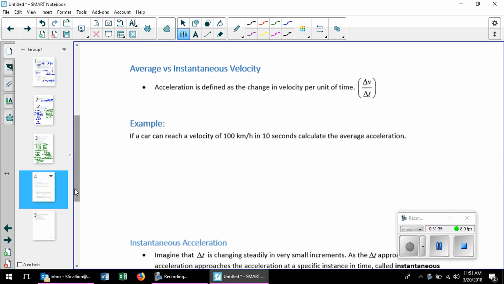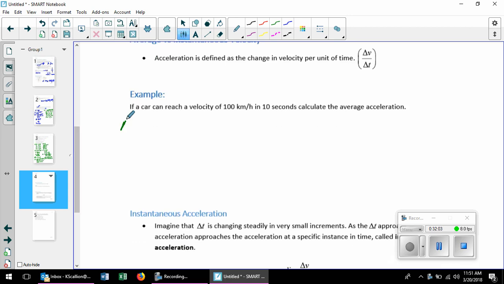Acceleration is defined as the change in velocity over the change in time. What do we know acceleration to be? What level of derivative? Second. Okay, if I reach the velocity of 100 kilometers an hour in 10 seconds, calculate the average acceleration.